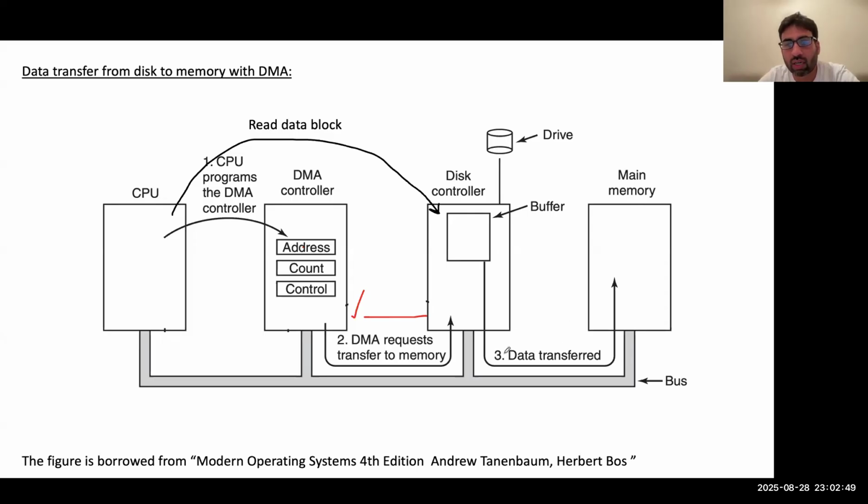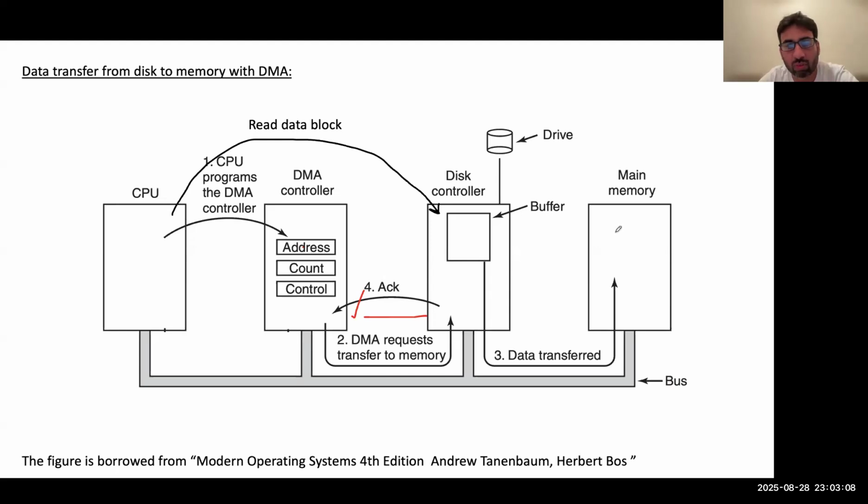So in the third step, your data transfer starts, but this data transfer is again in the form of a loop. Your DMA is now responsible for copying, let's say, a word of data from the local buffer of the disk controller into the main memory.